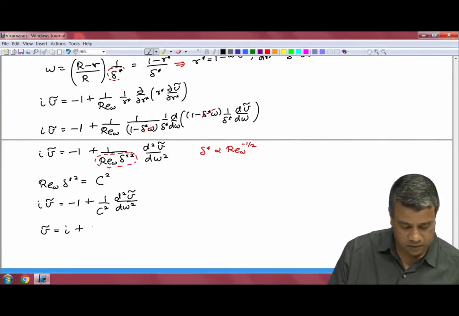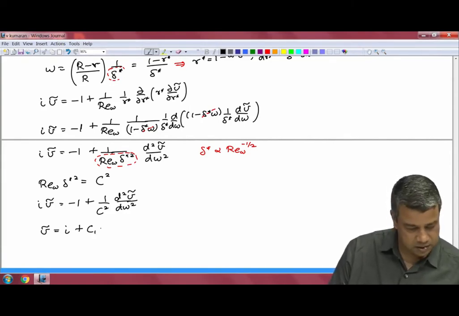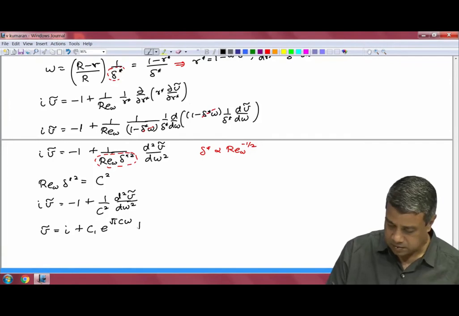Plus you have the homogeneous parts: C1 e power square root of I C W, plus C2 e power minus square root of I C W.